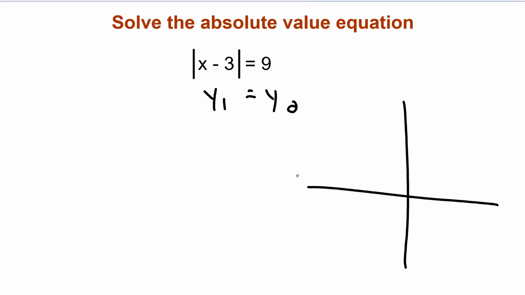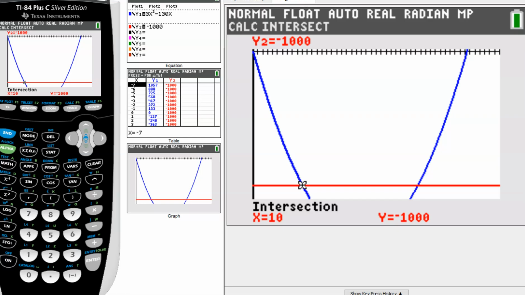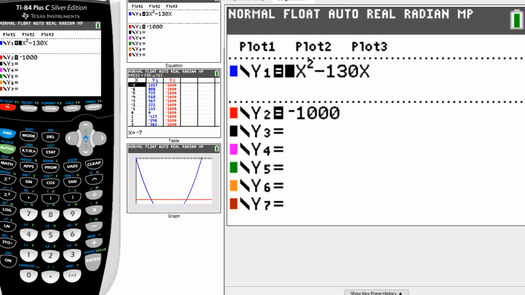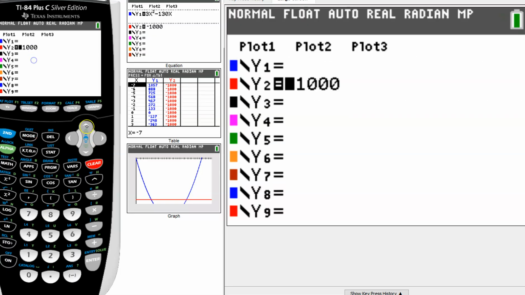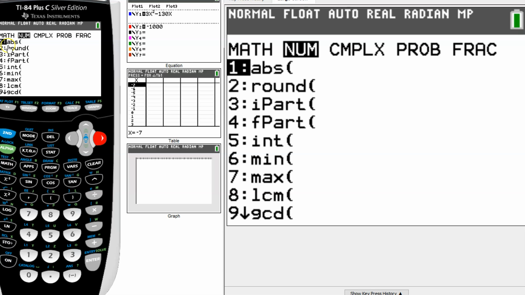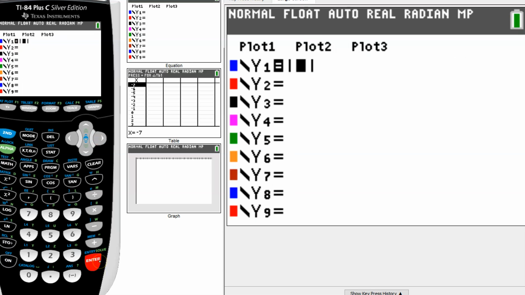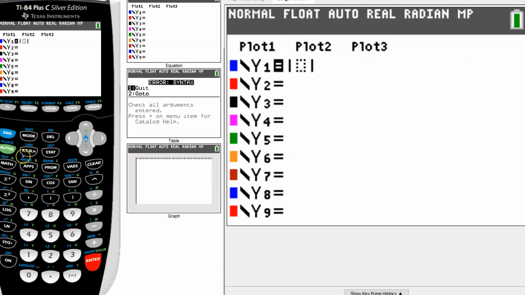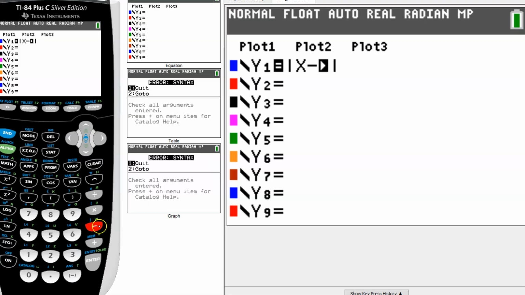That's how I'm going to know if you actually watched my video, because there are students in the past who did not watch my videos and didn't know where the absolute value was. So I'm going to clear these out. The absolute value is in the math button. It's number 1, and then ABS. So if I put that in, I'm going to put inside of here x minus 3.